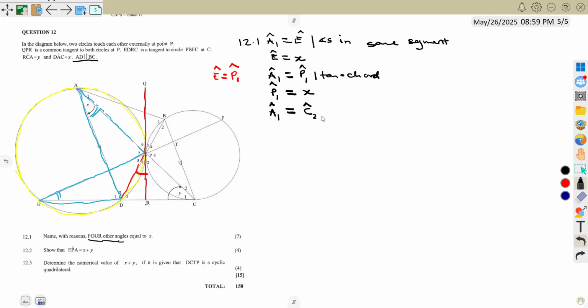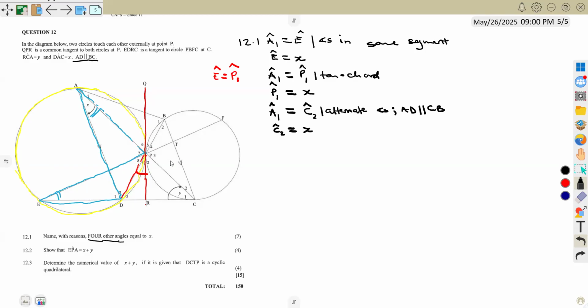It's going to be alternate angles. They are making a Z shape. Which sides are parallel? We have AD, which is parallel to CB. So we can conclude that also C2 is equal to X.